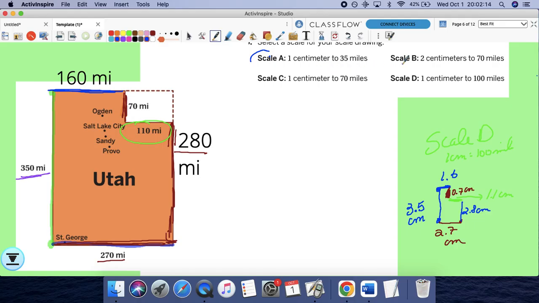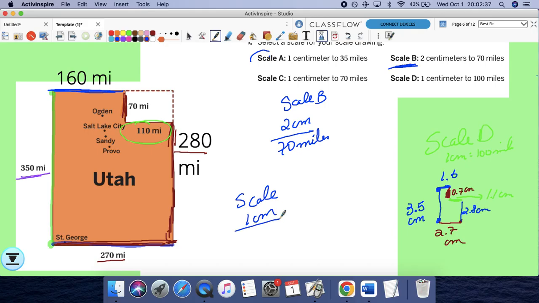But I'm going to mention something here. Look at scale B. Scale B says 2 centimeters corresponds to 7 miles. Now I want you to compare that with scale A, where scale A says 1 centimeter is 35 miles.